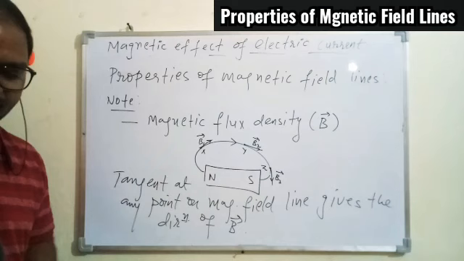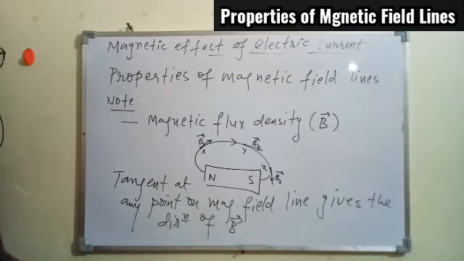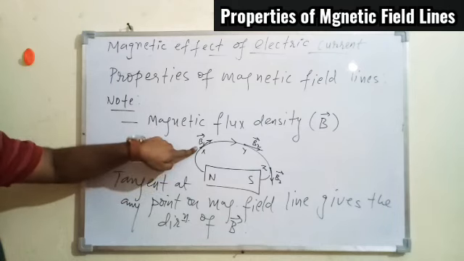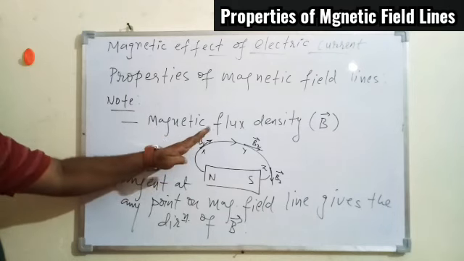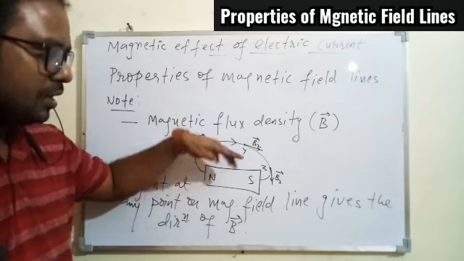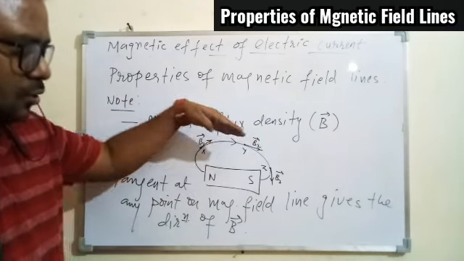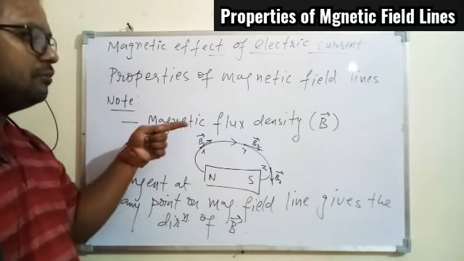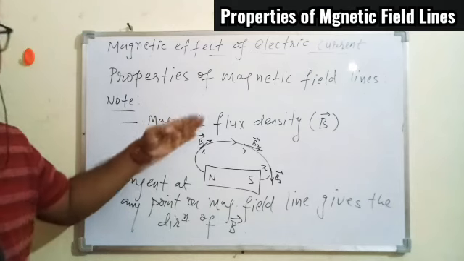That you have to remember, because this is going to explain the fourth property. So we can say if you place a magnetic compass at x, the needle will face this direction only. If you place the magnetic compass at y, the needle will face along this. So when you place the magnetic compass, the needle will also face along the tangent.